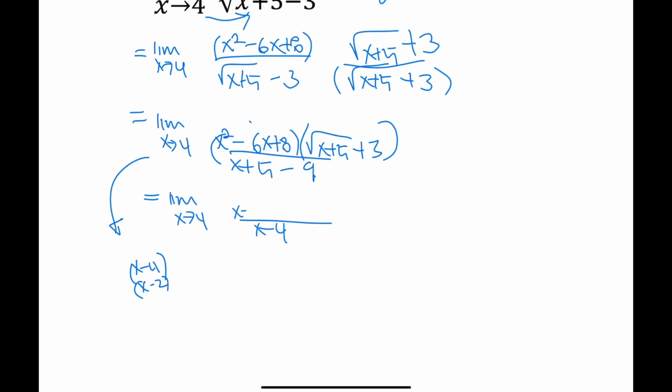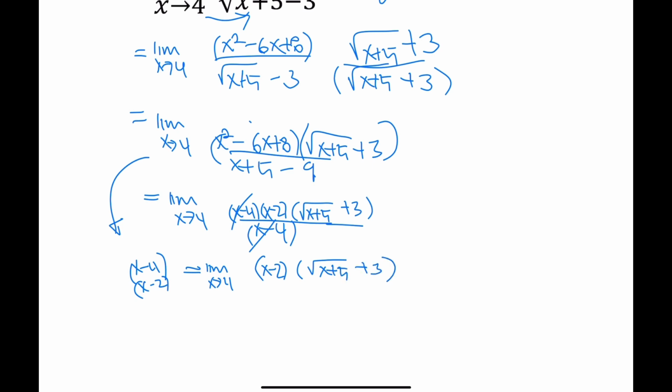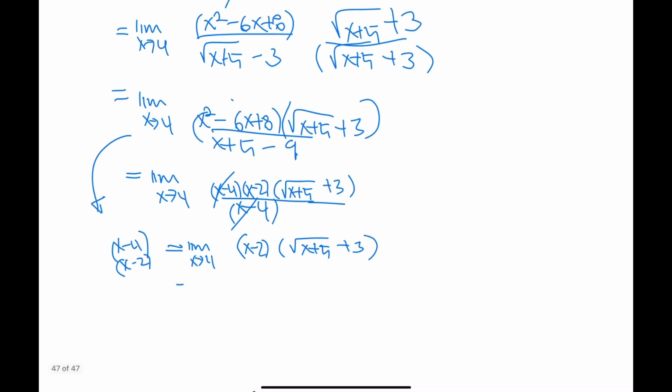So you're going to say x minus 4 times x minus 2 times root x plus 5 plus 3, right? Or we can cancel this out. So limit as x approaches 4 of 1 over x minus 2 times root x plus 5 plus 3, right? And then we're going to plug this in. So that is 2 times 6, right? Or 12 will be our answer.